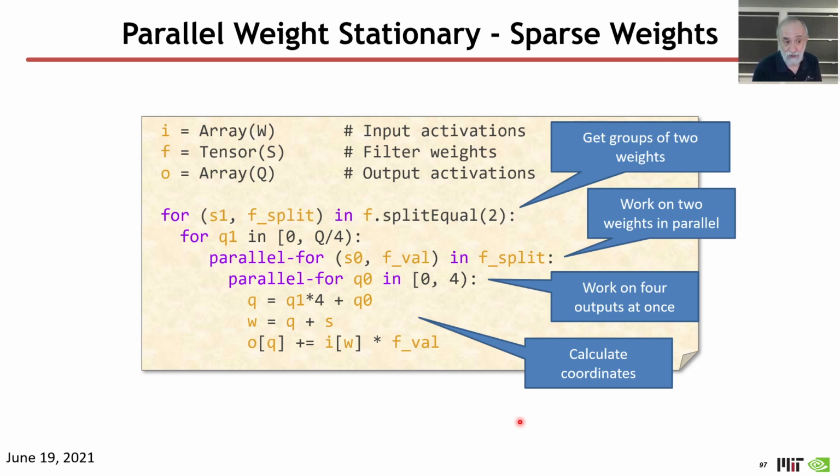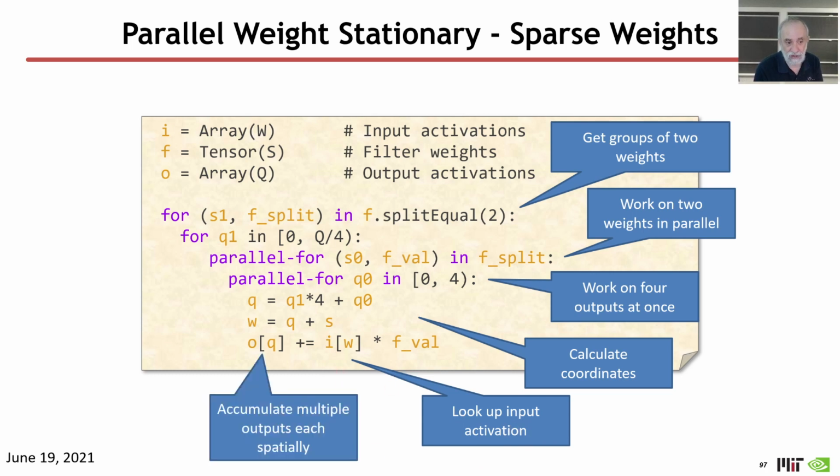It gets more complicated when you have compressed tensors for more than one of the operands in the operation. Okay. And finally, I have to look up the input activation. Again, coordinate equals position, so that was easy. And I accumulate multiple outputs each spatially.